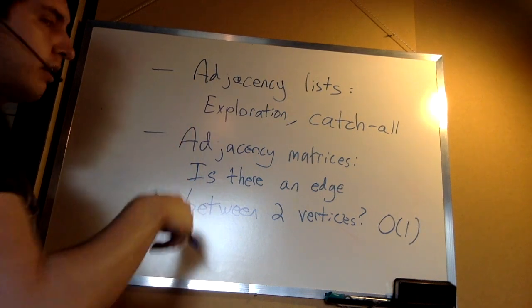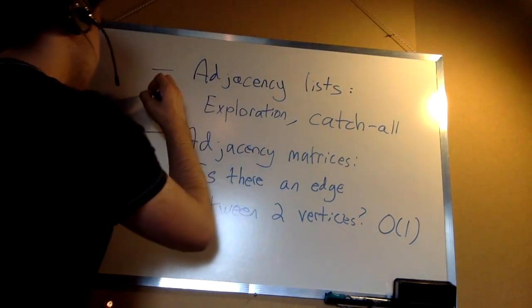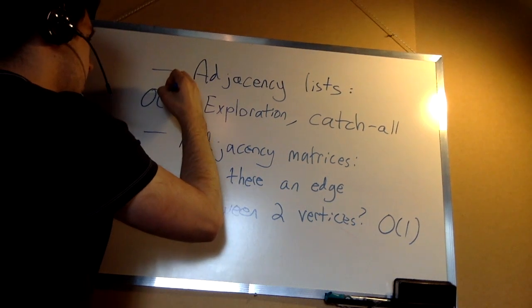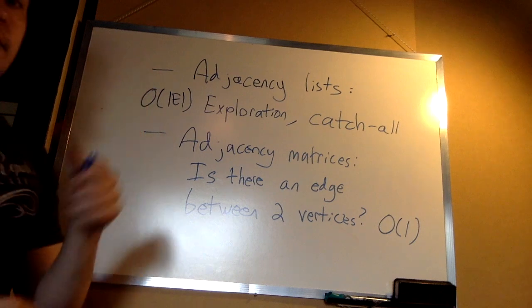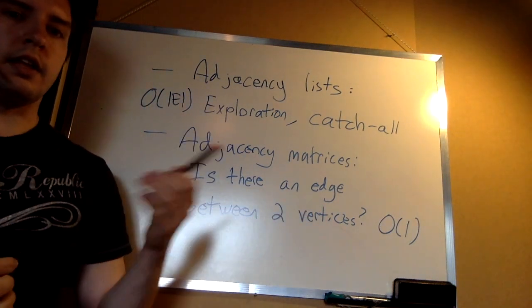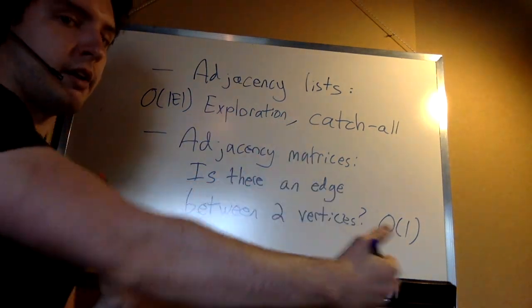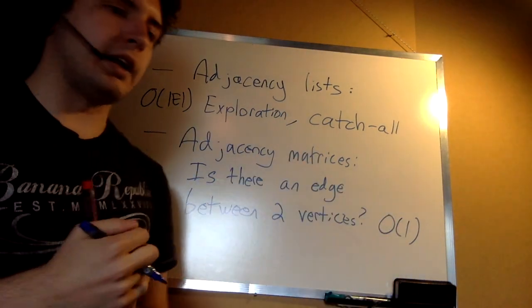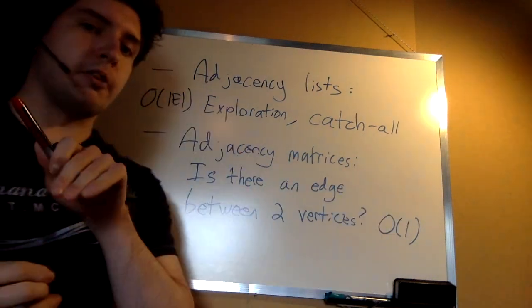Whereas in an adjacency list, if we want to check if there's an edge between two vertices, it takes O(E) at worst. That's assuming that the access into the adjacency list for the vertex is O(1). And then we just have to scan through all the edges to see, is there an edge from this vertex to that other one.